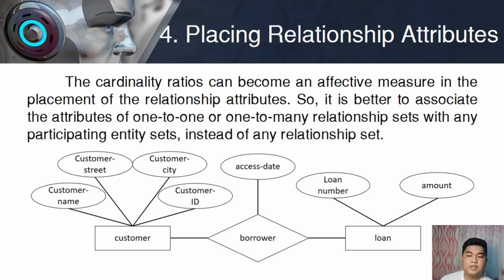So yan, an attribute of a one-to-many relationship set can be repositioned to only the entity set on the many side of the relationship. In this way, even the relationship can have attributes in this figure.